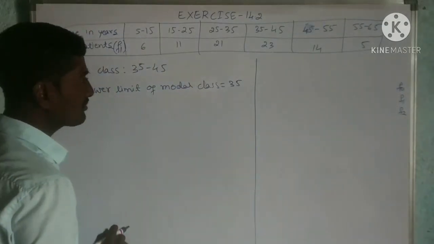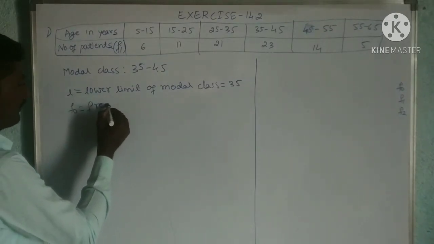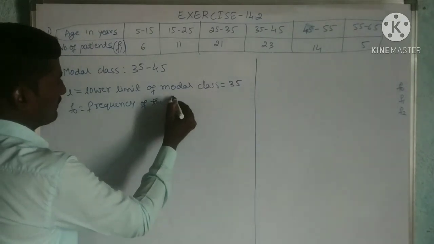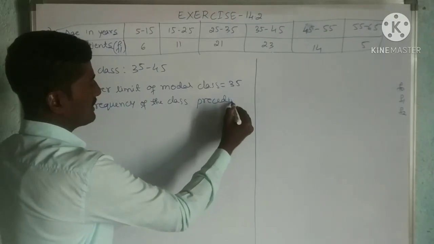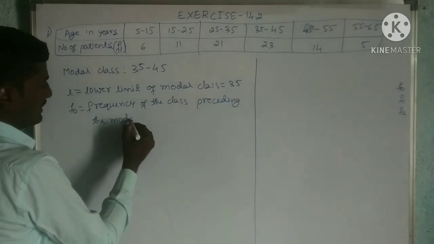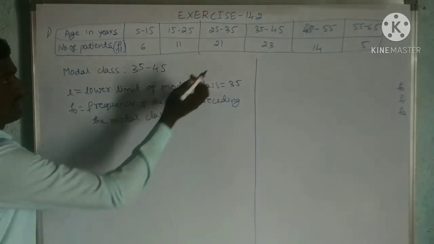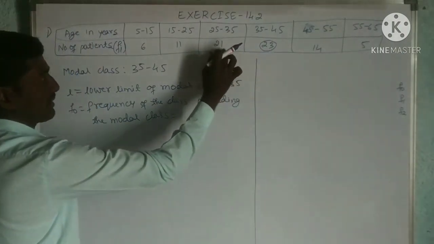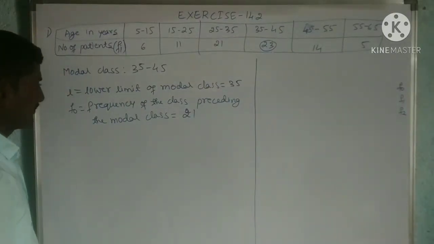First I'll write F0. F0 is the frequency of the class preceding the modal class, that is 21.